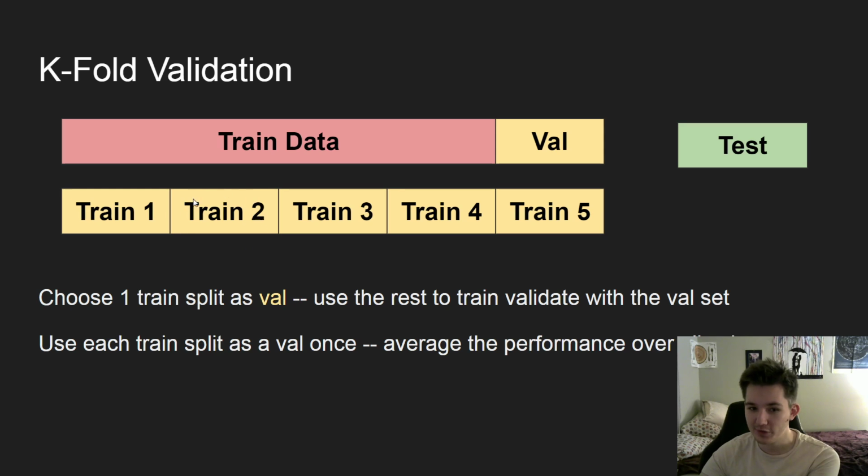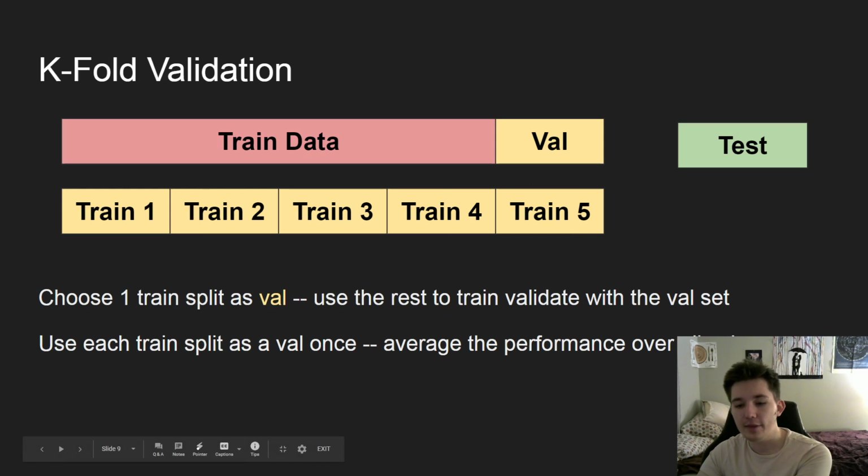Then we use 2 as our validation, then 3, and so on. Then we average the performances over all of the possible validation sets and get some value. I want to point out that we reinitialize our model in between these so it's not cumulative. We train on each of these individually.